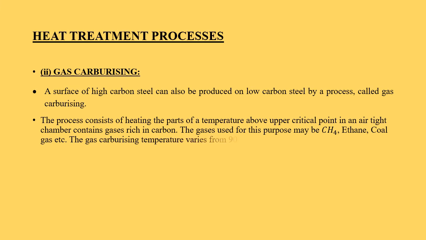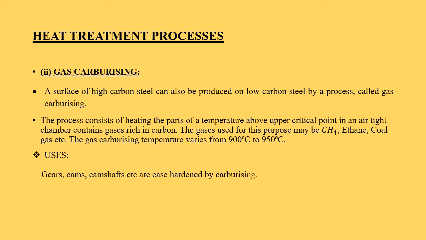The gases used for this purpose may be methane, ethane, coal gas, etc. The gas carburizing temperature varies from 900 degrees centigrade to 950 degrees centigrade. Gears, cams, camshaft, etc. are case hardened by carburizing method.